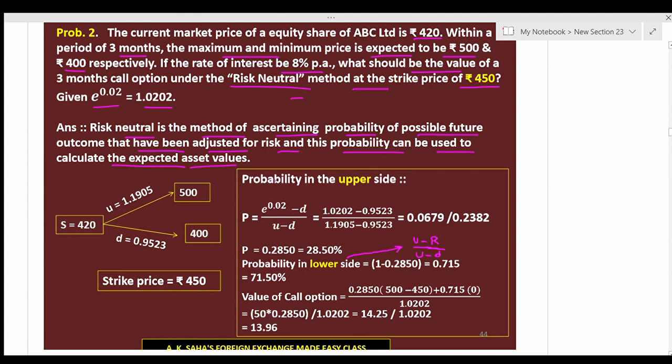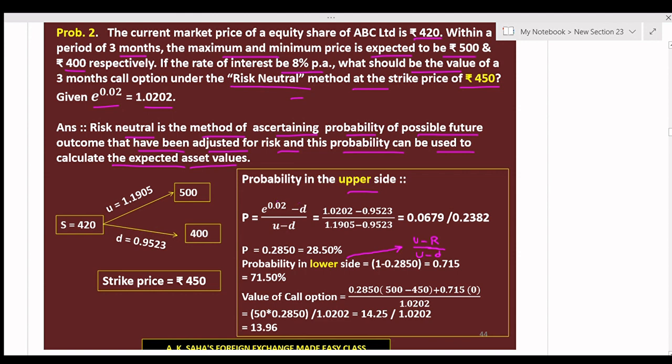Now, the risk neutral method said that you should ascertain the probability on the upper side and lower side, and this probability will be adjusted to find the expected asset value, means call option price or put option price.